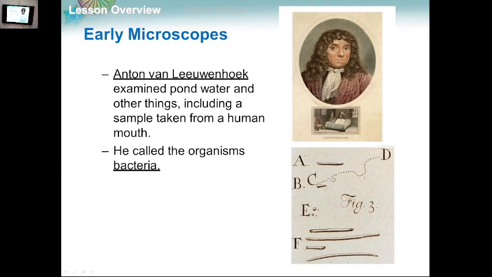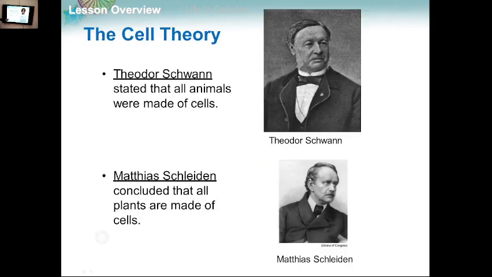The second scientist, Leeuwenhoek, examined pond water and other things, including a sample taken from a human mouth, and he found small tiny organisms, which he called bacteria. Then we move to Theodor Schwann, who stated that all animals were made of cells, and finally Matthias Schleiden concluded that all plants are made of cells.